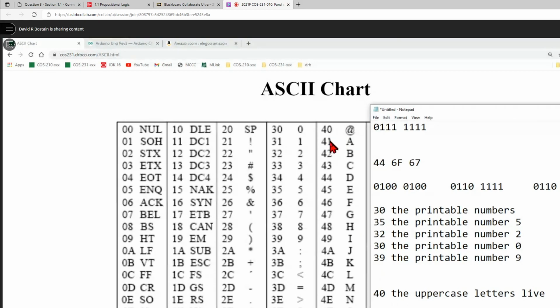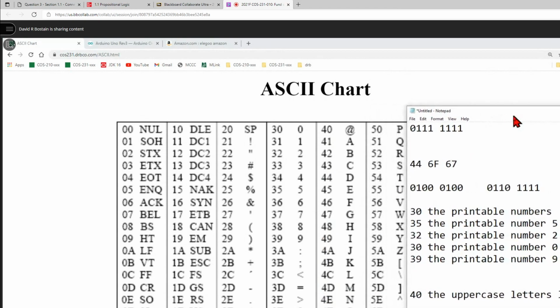It's the first letter of the alphabet. That means J, which is the 10th letter, should be at 4A, which is a 10, 4A. There's a J. The alphabet breaks in half between M and N. So this should be a 13. Well, M is a 13, 4D. Notice that we just take the 40 and we add to it the number that the letter is in the alphabet.